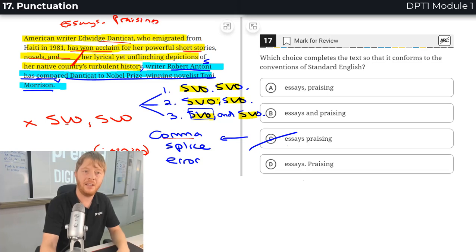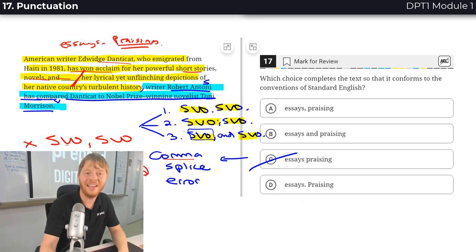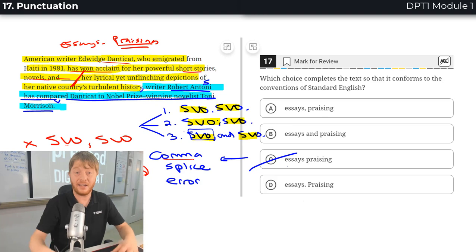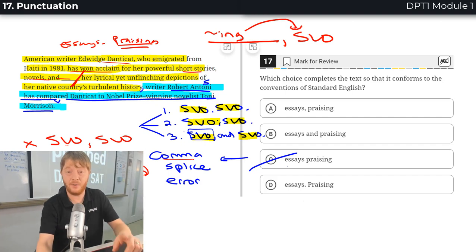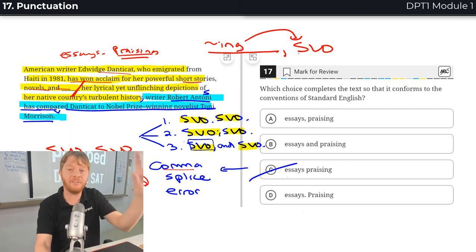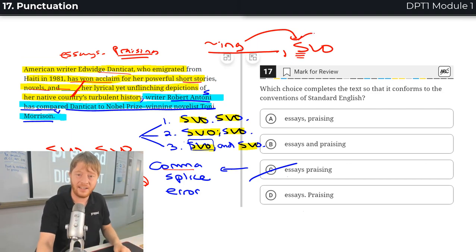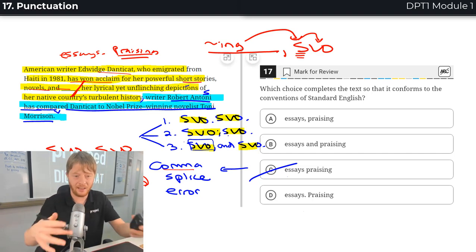Praising could be an introductory phrase that's opening a new sentence. So what I'm saying is it could be an ing phrase that is modifying the subject. When you put ing with a comma as an introductory piece that modifies the subject, that subject is now doing two verb actions. So before I get more complicated, let me explain here.